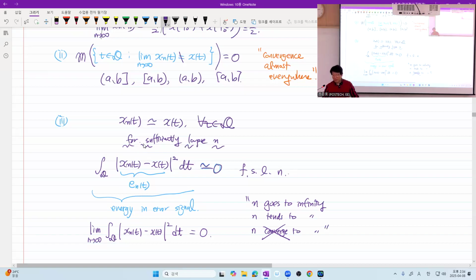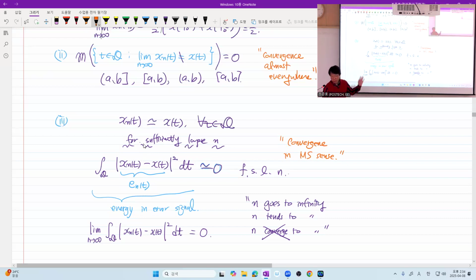So people have the third definition, convergence in the mean square sense. Why is it mean square? It's a little bit complicated, but anyway, it's related to the expectation and square.